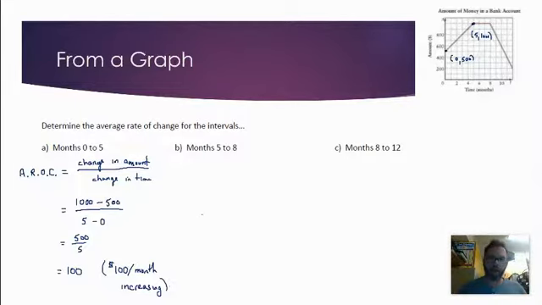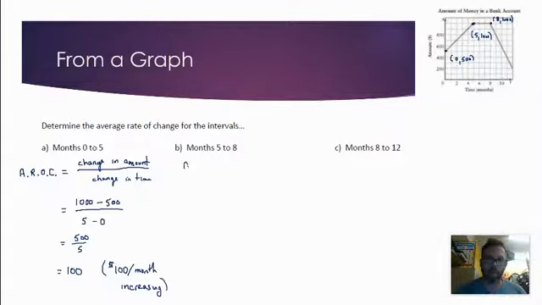Let's look at the average rate of change between months 5 and 8. Again, I fully expect you to be able to do this with mental math, just visualizing the process. The points are 5, 1,000 and 8, 1,000.